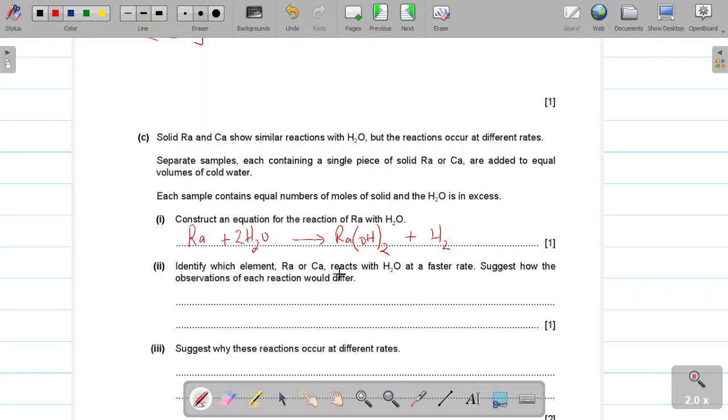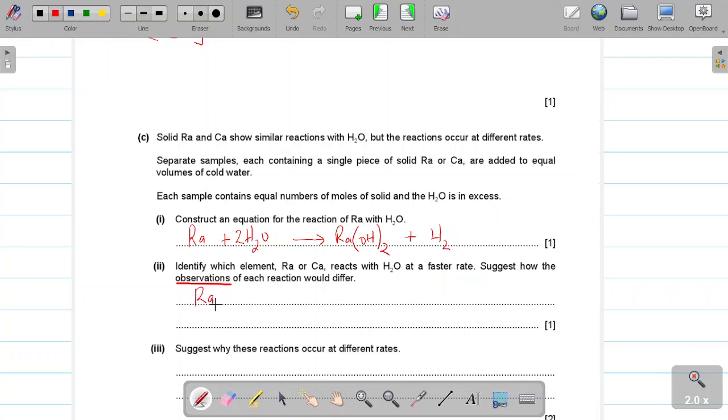Identify which element, radium or calcium, reacts with water at a faster rate, and suggest how the observations of each reaction would differ. So notice the question is not asking for an explanation for why the rates differ, but for an observation. So we should know that radium is more reactive, so radium will react faster.